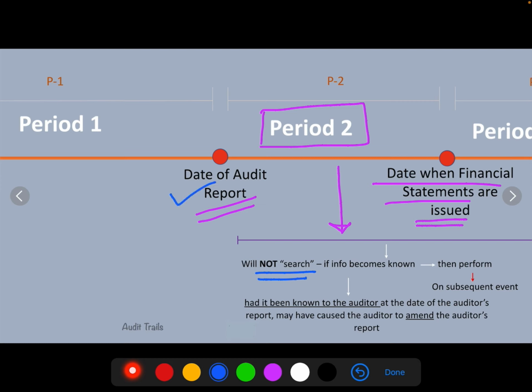But if information becomes known to the auditor that, had he known prior to issuing his report, he would have changed his opinion or given a different opinion, for example, a qualified instead of an adverse opinion or a modified instead of an unmodified opinion, in those circumstances only, he will have to perform procedures that are specific to those subsequent events.